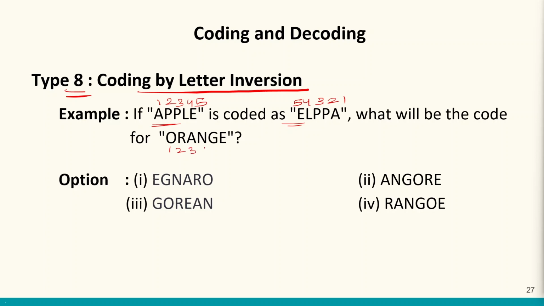Similarly, let us rank them like this, up to 6. So our code will be 6, 5, 4, 3, 2, 1. At 6, we will have E. G will come at the 5th position, N at the 4th position, A at the 3rd position, R at the 2nd position, and O at the 1st position. So our code will be EGNARO. So I can say the answer will be option 1.